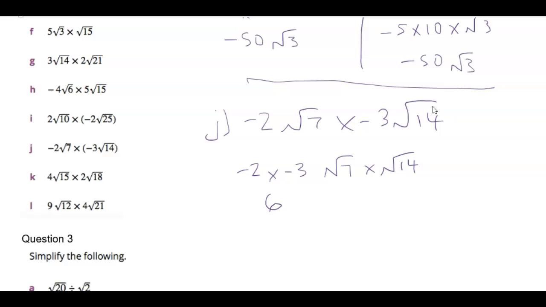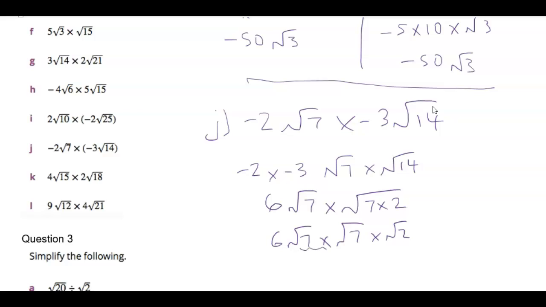Now, you can do 7 times 14, but I'm going to separate this 14 to become 7 times 2. So I've just separated this surd here to be square root of 7 times the square root of 2.